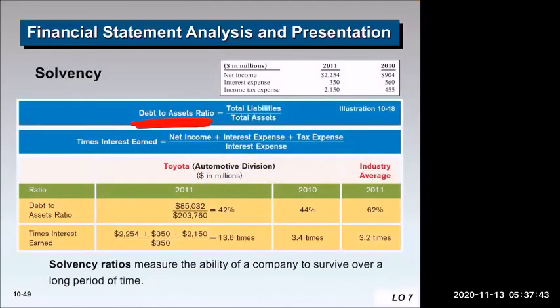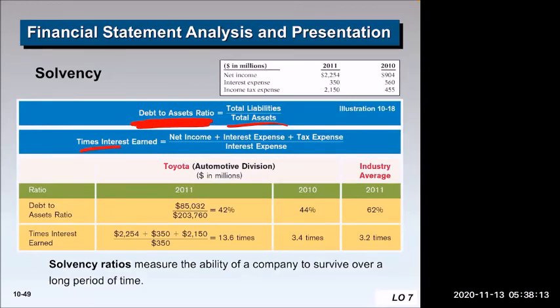Know this debt to assets ratio. What this is telling us is, I have this much in assets. How much of it is financed by debt? I want to know the percentage of my assets that are financed by debt. I also want to be able to look at this to understand my ability to make my long-term debt payments, my interest payments, and my principal payments.